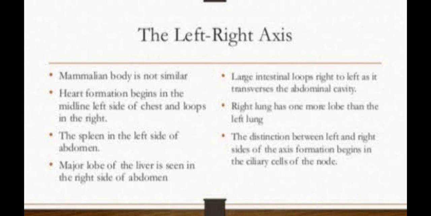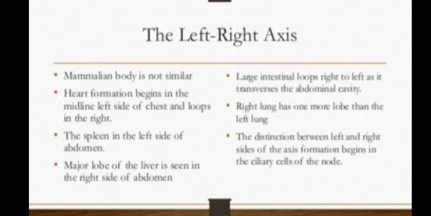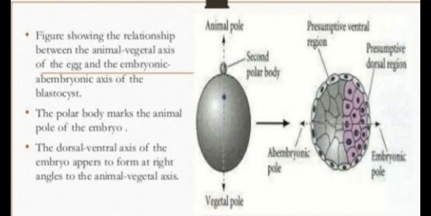The embryonic region contains the inner cell mass, while the abembryonic region is that part of the blastocyst that is opposite to the inner cell mass.